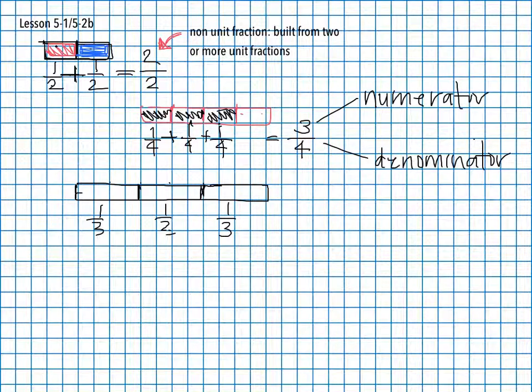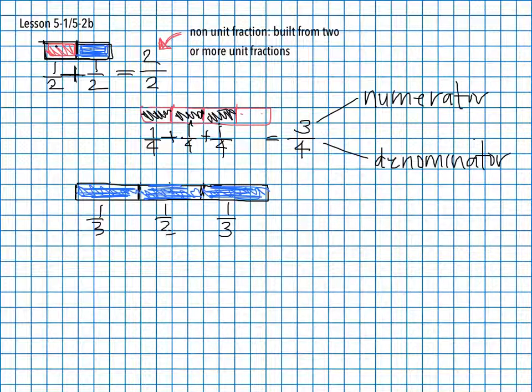And if I color some in and ask what fraction of this rectangle is colored in, well, we have 1/3 is colored in here. We have 1/3 colored in here, and we have 1/3 colored in here.